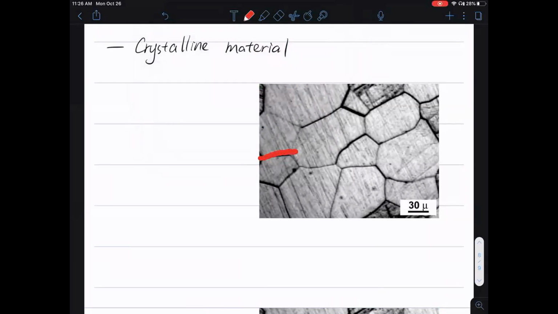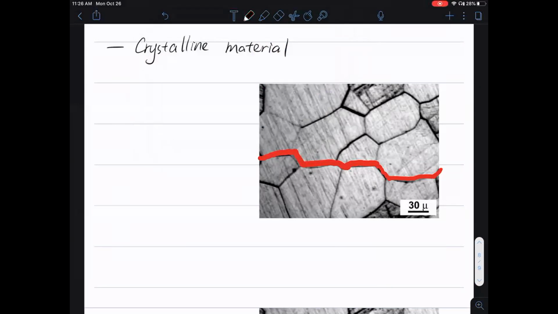Let's follow the grain boundaries. Here we have a choice, either go up or go down, doesn't matter. Boom. Imagine if this piece of material breaks along the grain boundaries. That's possible. That's one of the possibilities.